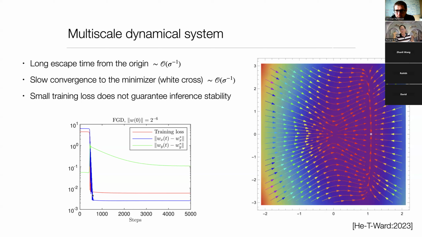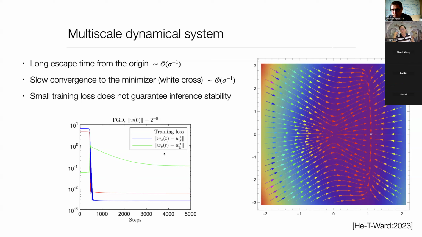But that's not enough, because the training loss only measures how you fit data within the distribution. In this case, we know the ideal value of Wy star. If you look at the distance between where you are and the ideal location, then you see that you're actually not there yet. You're very far from being zero.